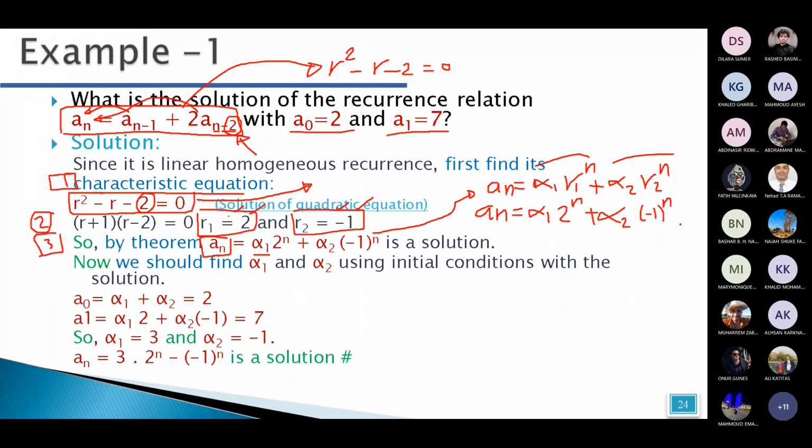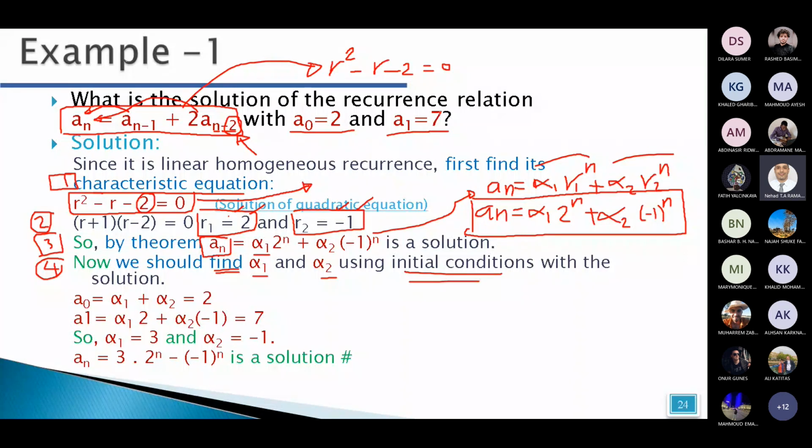This is a solution, but it's not complete. Why is it not complete? Because we did not get alpha 1 and alpha 2. We have to find the values of alpha 1 and alpha 2. So step number 4 is to find the values of alpha 1 and alpha 2. We can find them using the initial values, the initial conditions.